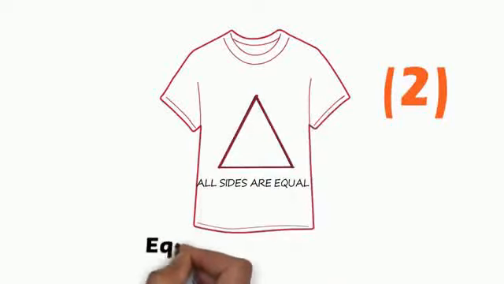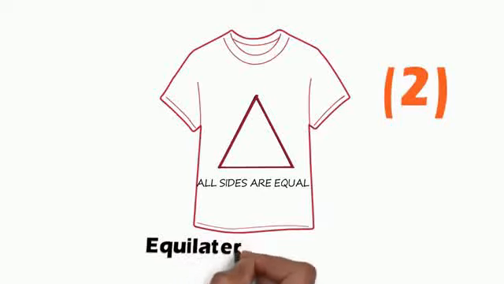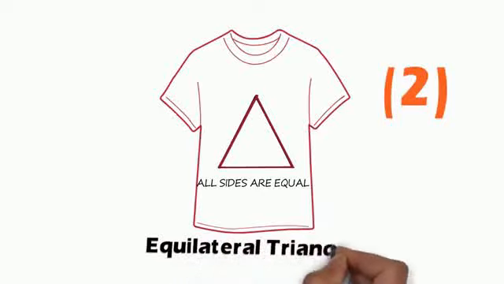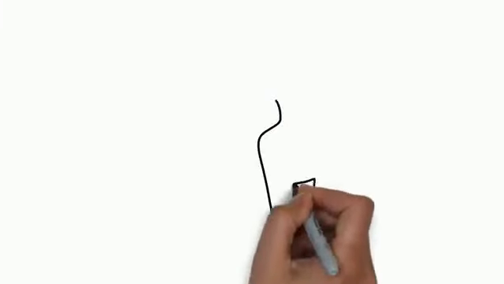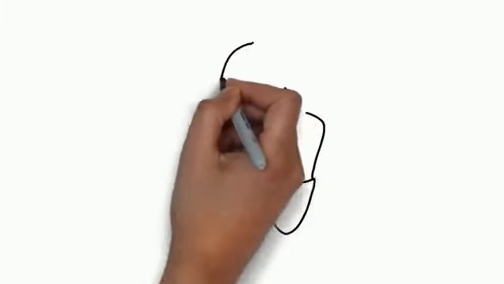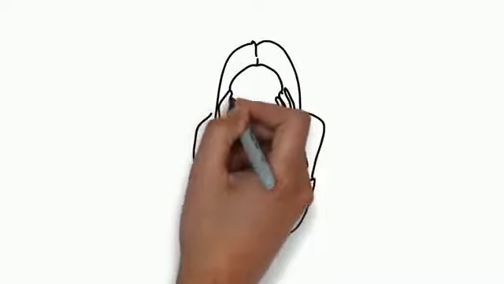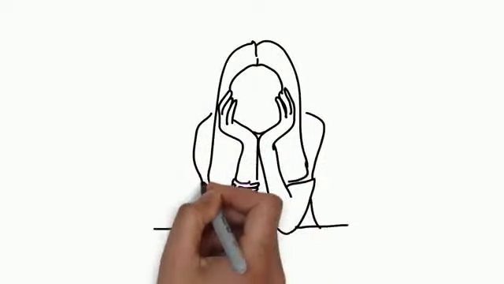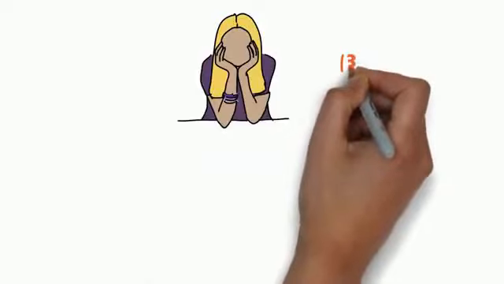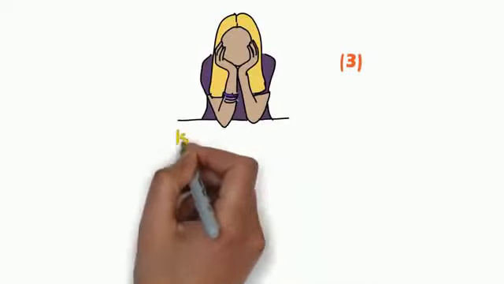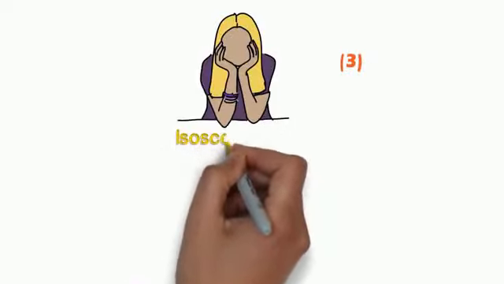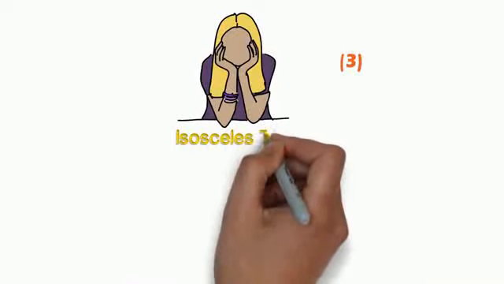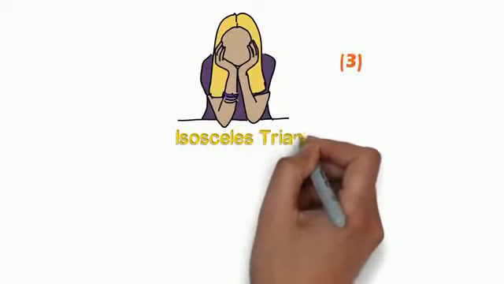Anyway, the second one is an equilateral triangle. It has equal sides. All the sides are equal, and even the degrees. I think it's pretty clear. I don't need to dwell much on that. Equilateral triangle, equal sides, equal degrees. Then number 3, an isosceles triangle.